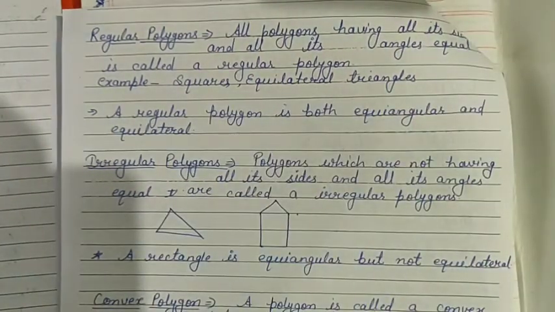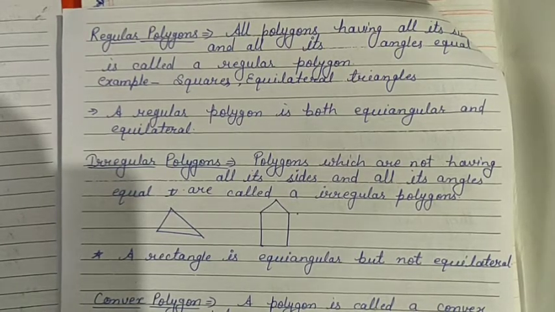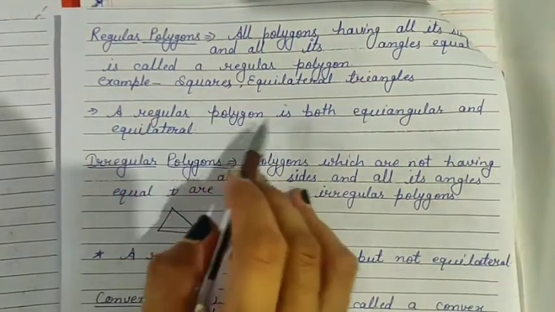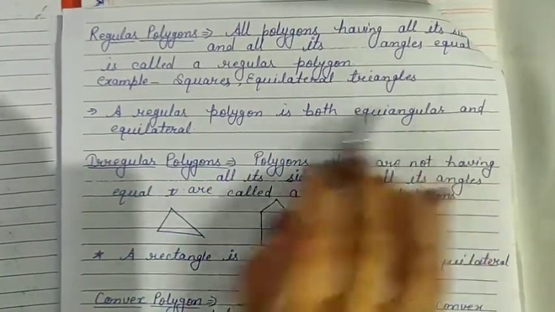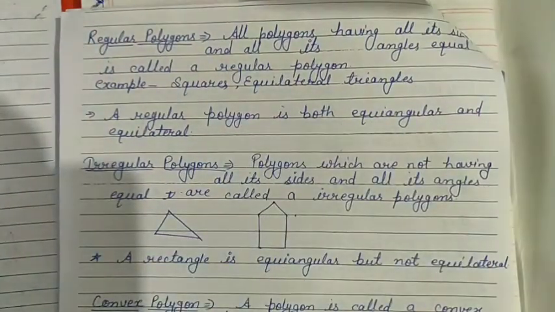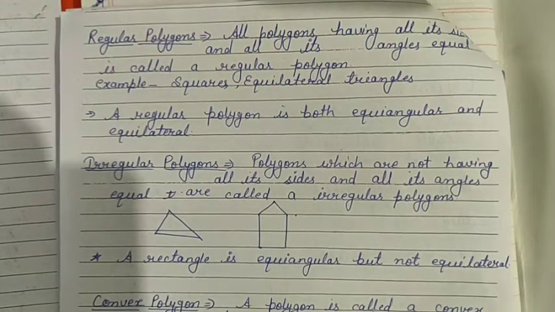Equilateral triangles are also regular polygons because the 3 sides of an equilateral triangle are equal and the 3 angles are also equal. A regular polygon is both equiangular and equilateral. Equiangular means all angles are equal and equilateral means all sides are equal.